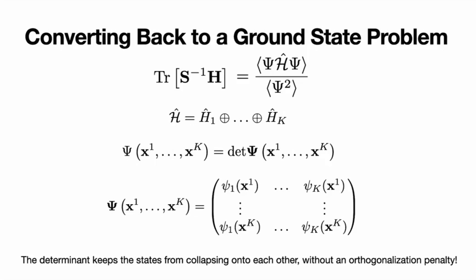And the nice thing about this is that even though the individual psi 1 up through psi k are not orthogonal, if these were to collapse onto the same state, then two columns would be the same in this matrix, and the overall expanded wave function would be 0. So writing things in this form actually prevents things from collapsing automatically, even though you're not assuming anything is orthogonal.